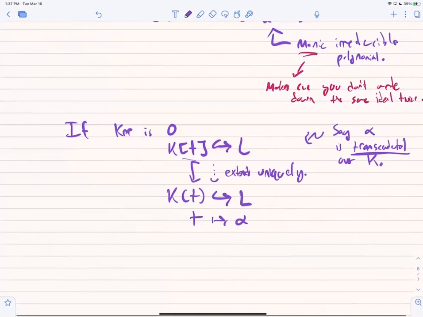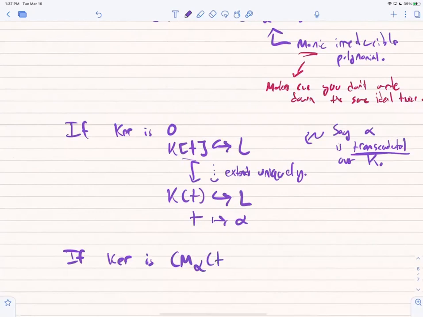Okay. Otherwise, if the kernel is one of these other prime ideals, well, it's generated by a unique monic irreducible polynomial m_alpha(T).